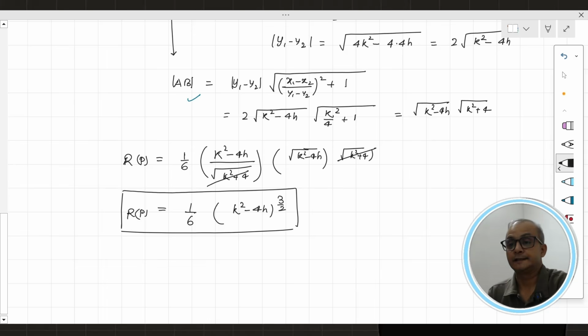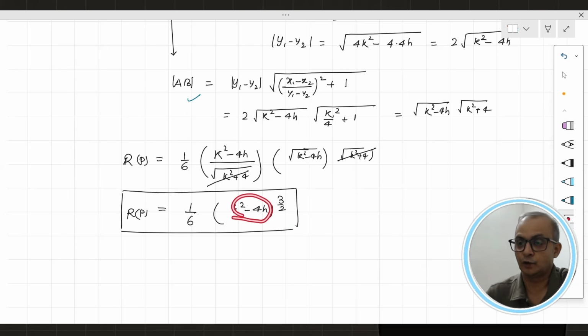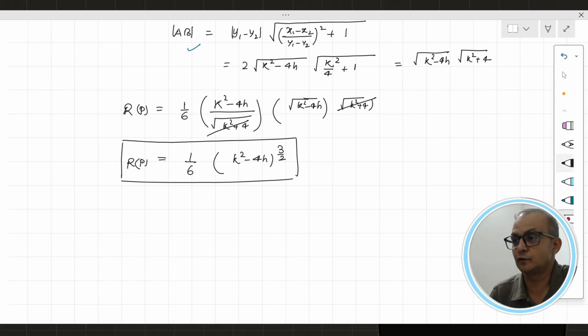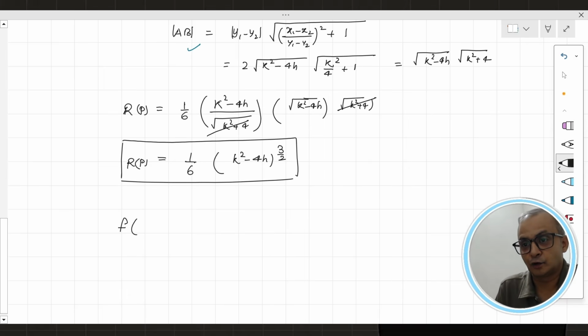Now this k square minus 4h, that's all I have to maximize, because this 3 by 2 has nothing to do with the maximum or minimum. This is only giving the value. So what we do, we have to maximize this k square minus 4h. So I'm just calling this a new function f, and I don't know if it is a function of k or h, I will create one, so I'm calling it k square minus 4h.